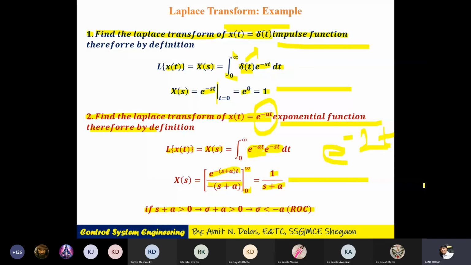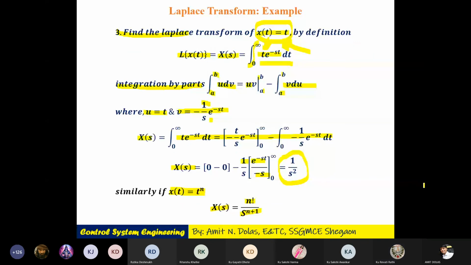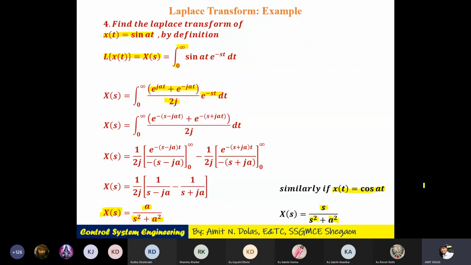Am I audible? Is this the example? No sir, it is exponential and sine. It is before properties, the exponential and sine, the one with the waveform. This one. Okay.